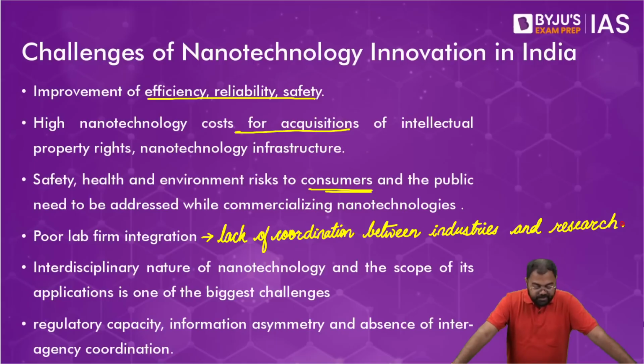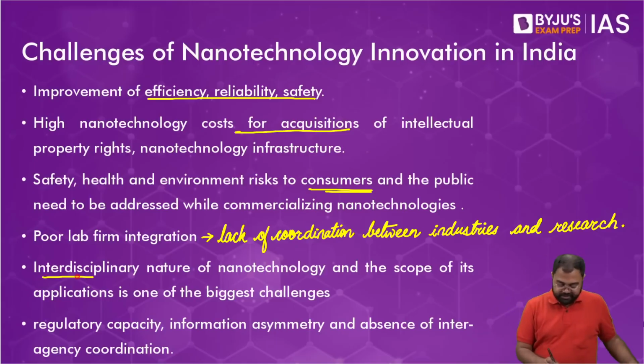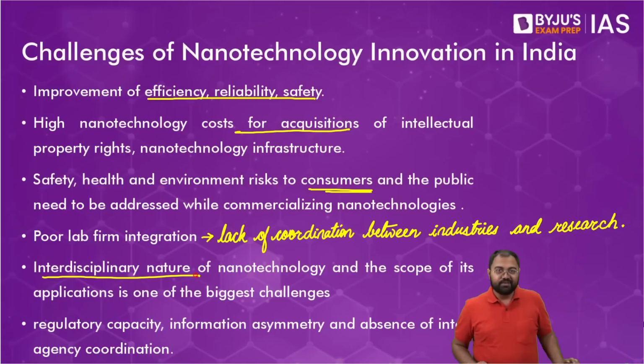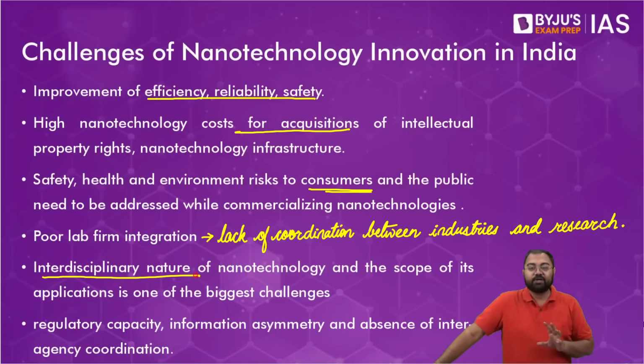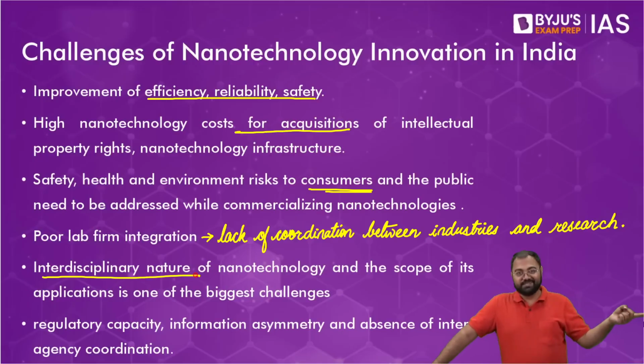Then the interdisciplinary nature of nanotechnology itself. Now this also becomes a challenge, because when we were talking about nuclear technology, the scientists and engineers who are working in nuclear technology only need to know about nuclear technology. Same goes for biotechnology, same goes for space technology. But in nanotechnology, things are different, because nanotechnology is here to solve problems of other branches, right?